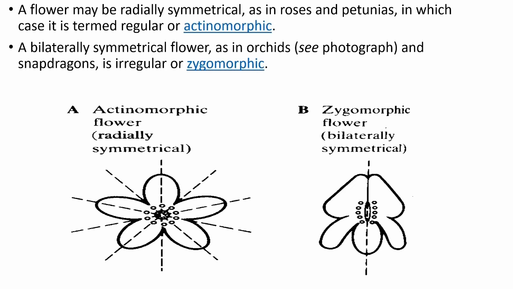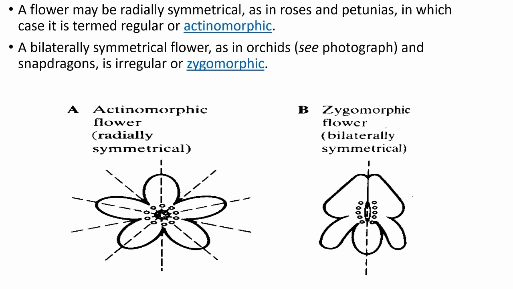Then bilaterally symmetrical flowers like the orchid and the snapdragon are referred to as irregular flowers, or zygomorphic. So what is radial symmetry? When a flower is radially symmetrical, that means when the flower structure is divided along more than one vertical plane, it can give mirror images.